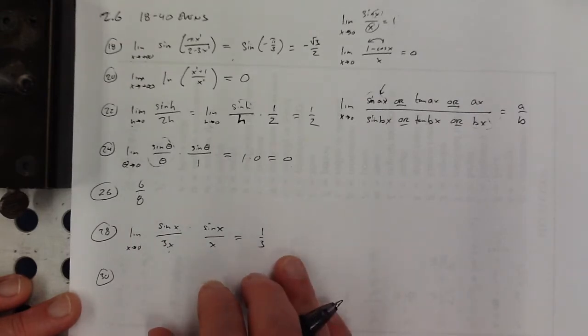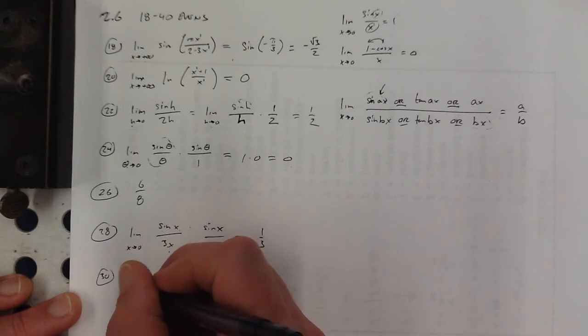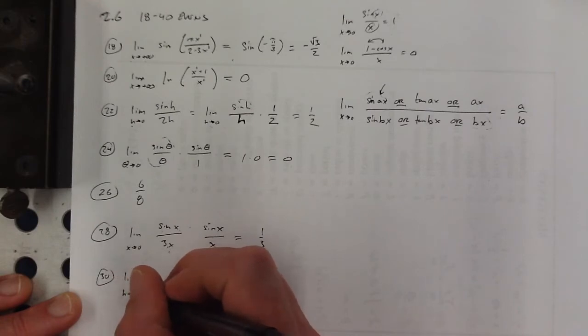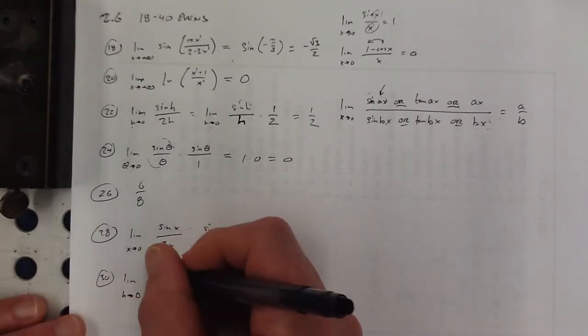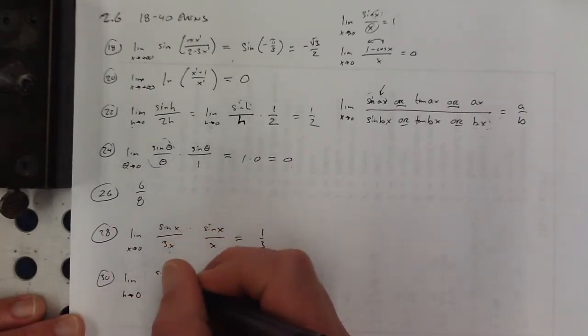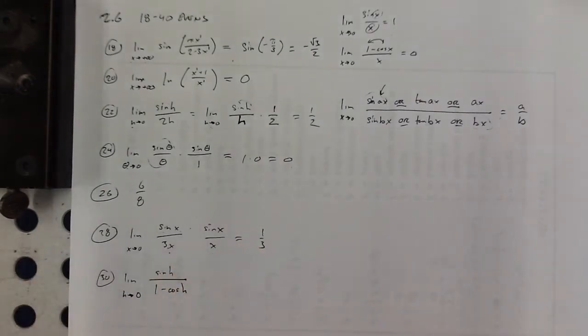30. This might be getting a little trickier here. When you see something like this, there's a couple things to think about before you try something or give up or whatever.